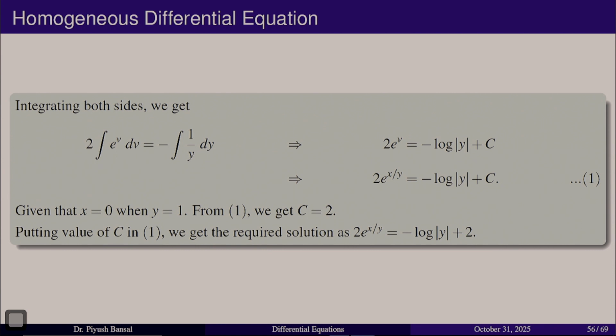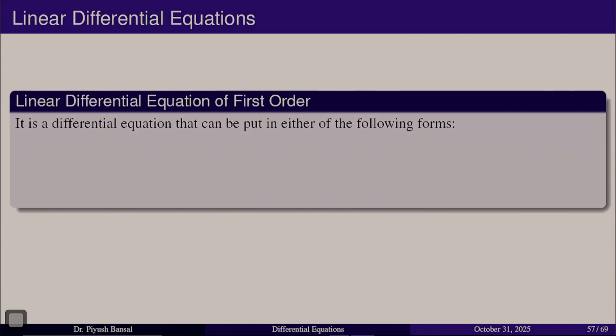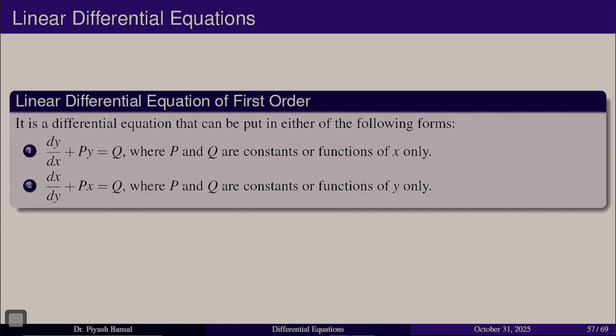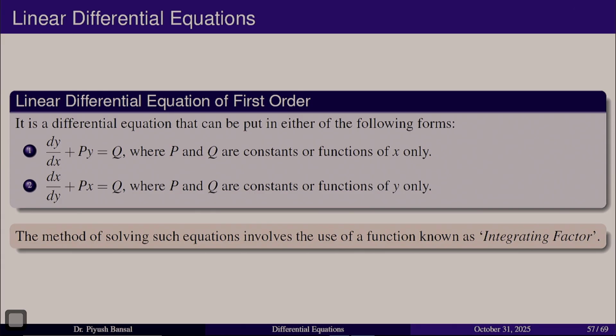Now, finally, is the linear differential equation. A linear differential equation of first order will be of these two forms: dy by dx plus py equal to q, and dx over dy plus px equal to q. In the first case, p and q are constants or functions of x only. In the second case, p and q are functions of y or constants.